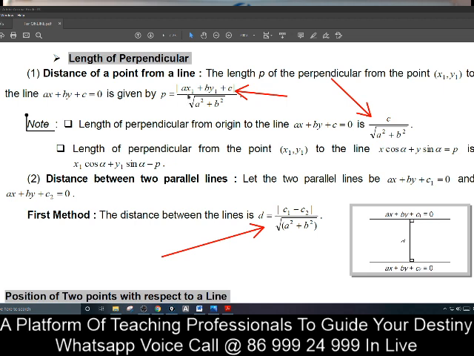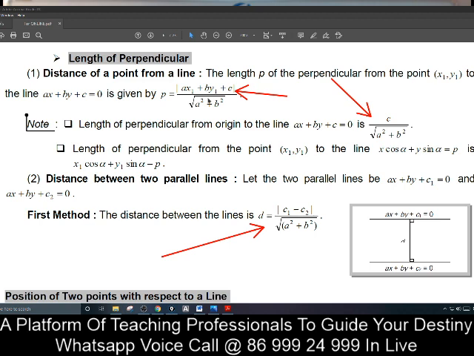The 3D perpendicular distance formula is modulus of ax1 plus by1 plus cz1 plus d by root over a square plus b square plus c square, and the distance from the origin. Here this is a line; in 3D it will be the plane. Why? All the concepts of straight line are extended to the 3D plane.